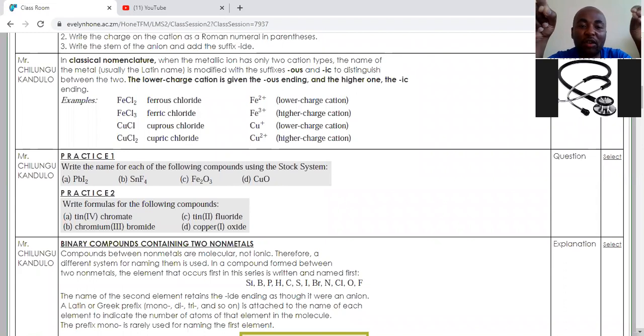But classical nomenclature, so that you don't get lost, when it says ferrous chloride, for example, there's a lower charge and a higher charge for those that only have 2 oxidation states. Classical nomenclature is so unique that for tin you find it says stannous, stannic.